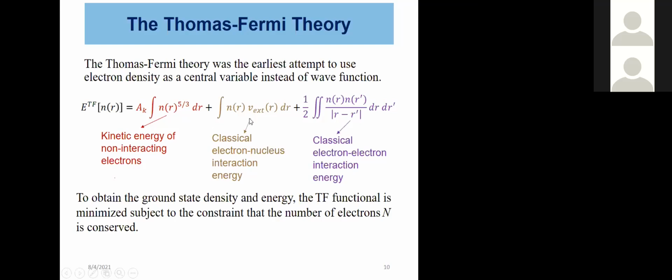And in this Thomas-Fermi model also, we solve this energy functional with respect to the density. We minimize the energy functional with respect to the density, with a constraint that the number of electrons in the system should not change, or it should be conserved.